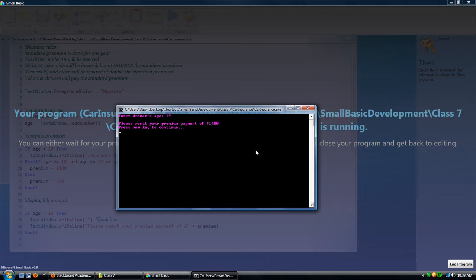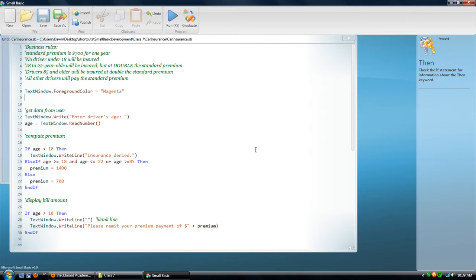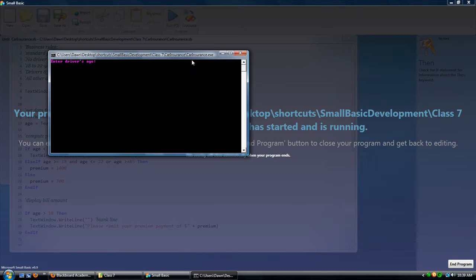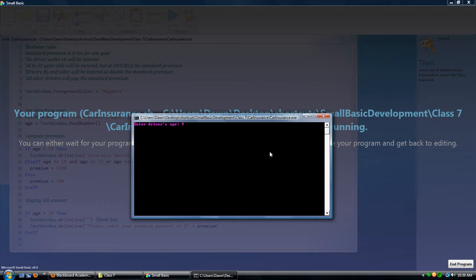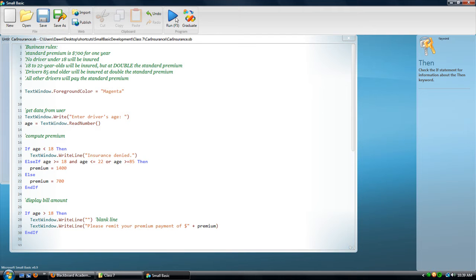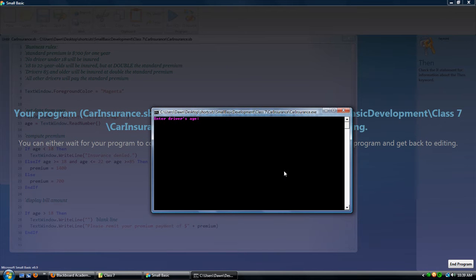Remember, the standard premium was $700, and so double that for this high-risk driver is $1,400. Let's do another high-risk driver, an older driver, 90 years old. Again, $1,400, another high-risk driver that has to pay double. And then we'll just have a regular run-of-the-mill driver, 50 years old, say, and that person only pays $700.